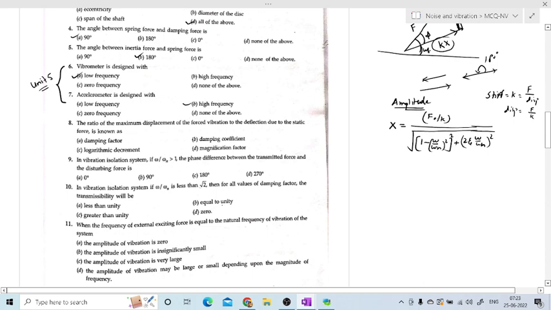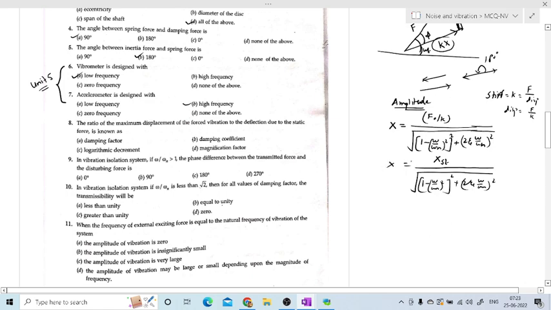So this will provide you the value of x. So I can replace this as x st divided by root of [1 minus (omega by omega n) square] whole square plus [2 zeta omega by omega n] square.